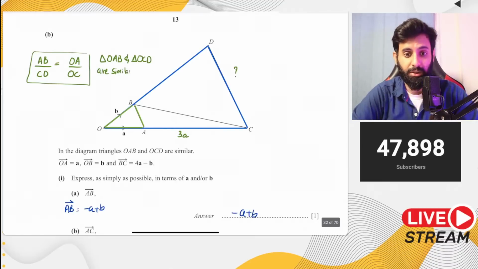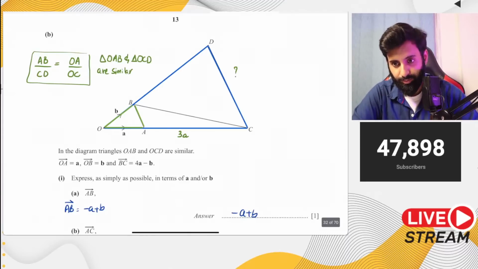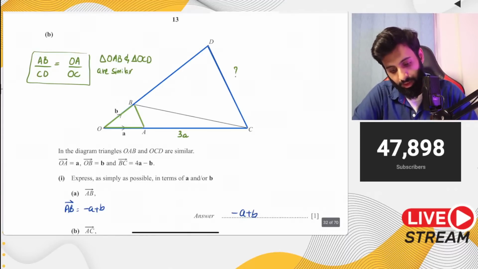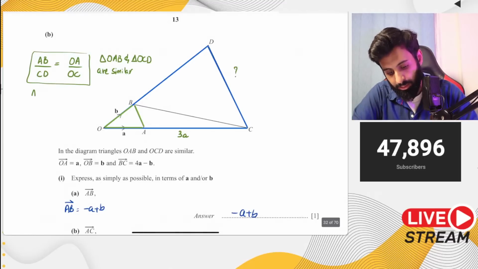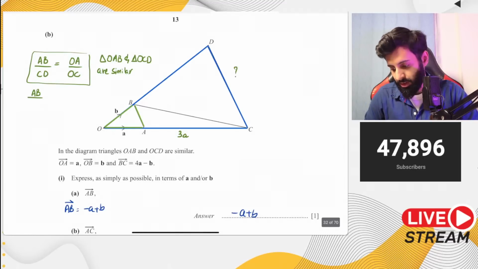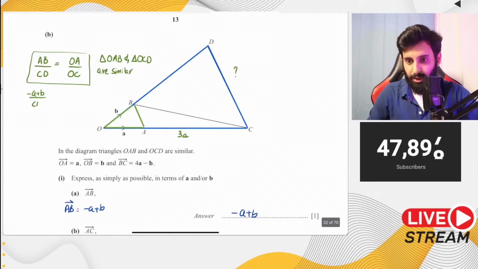Okay, that's the only reason why we're making this statement. If there were any other reason, we wouldn't say it. Now, AB is something we already have. So that's what we're going to make use of. So let's replace it with minus a plus b. CD is something that we need to find out.